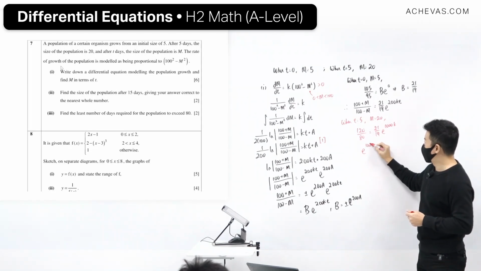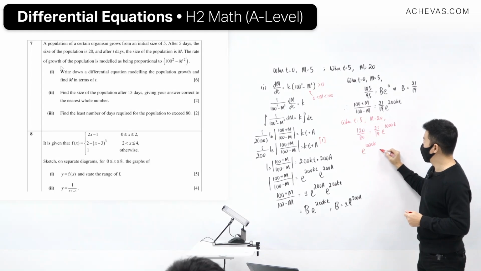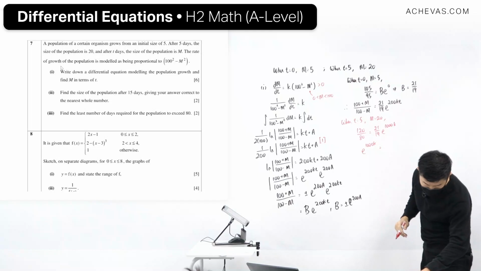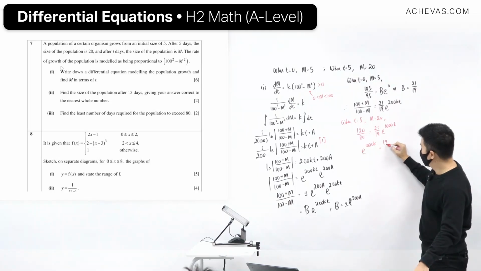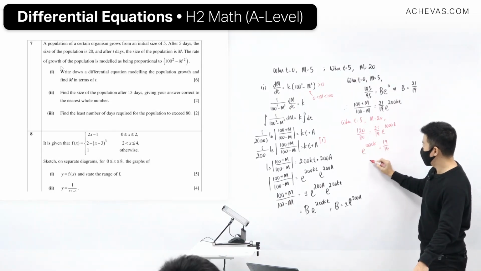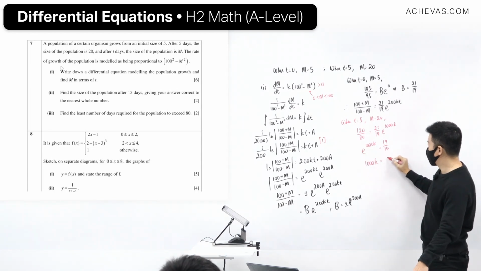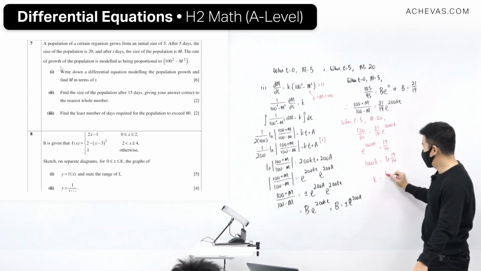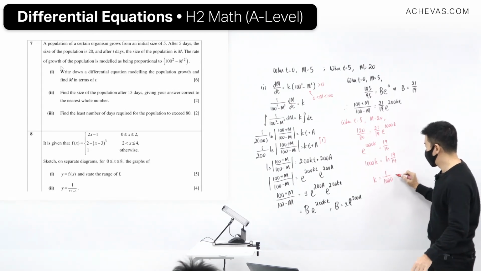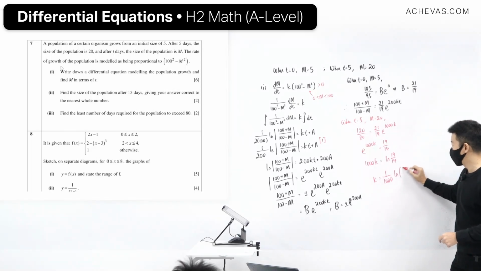So we have e to the power of 1,000k equal to this divided by this, which is 19 over 14. So 1,000k is going to be ln of 19 over 14, and k is going to be 1 over 1,000 ln of 19 over 14.